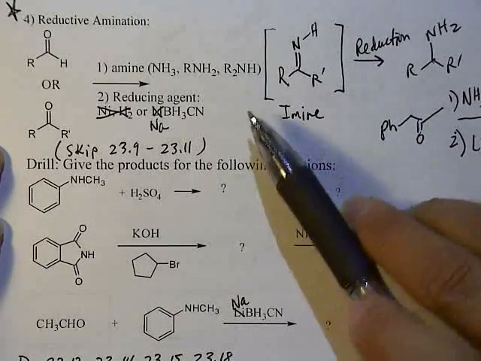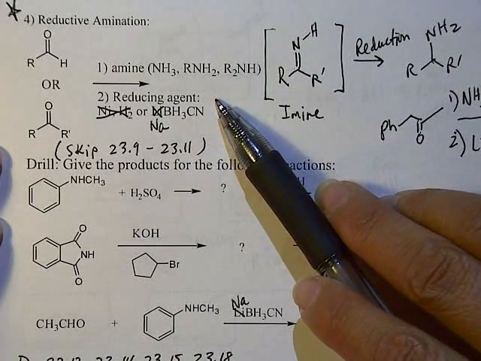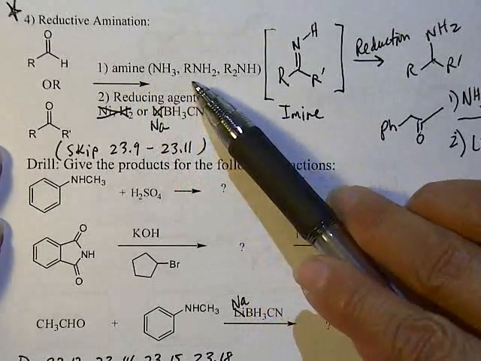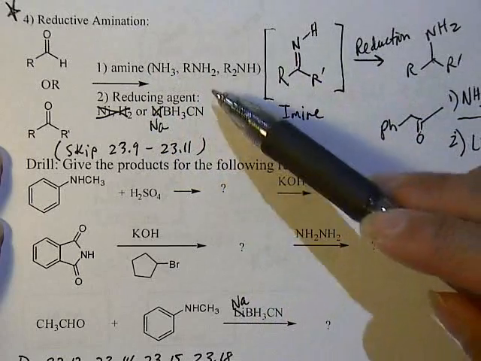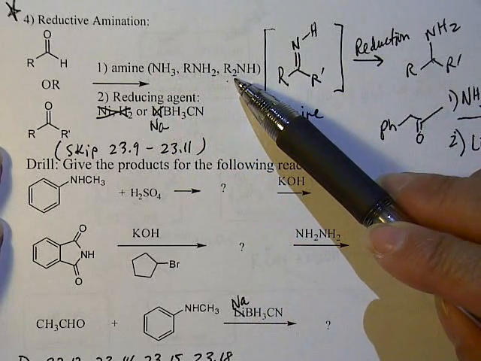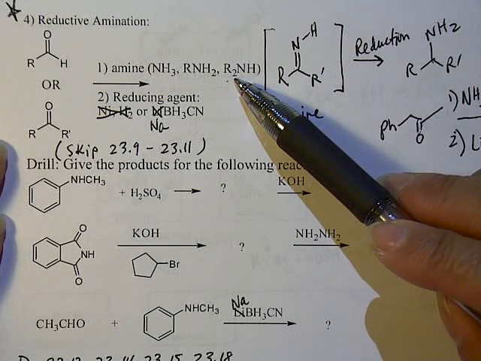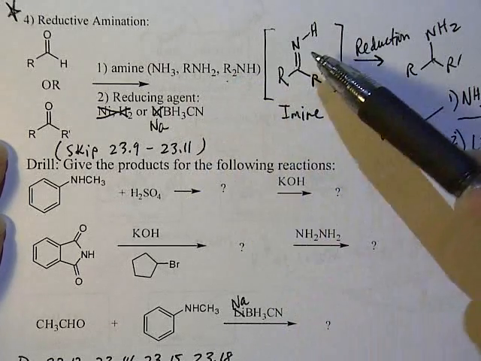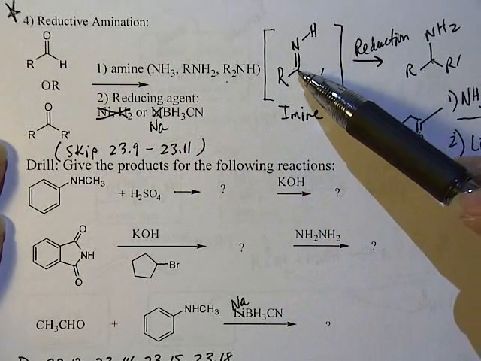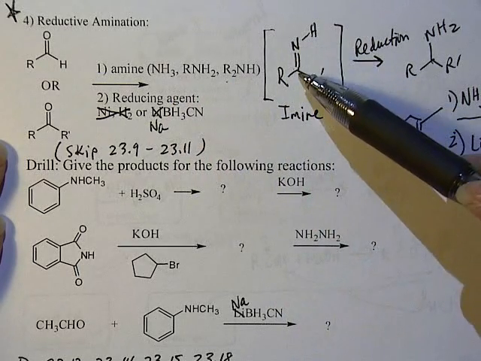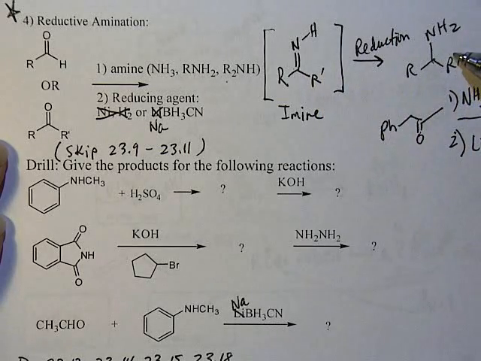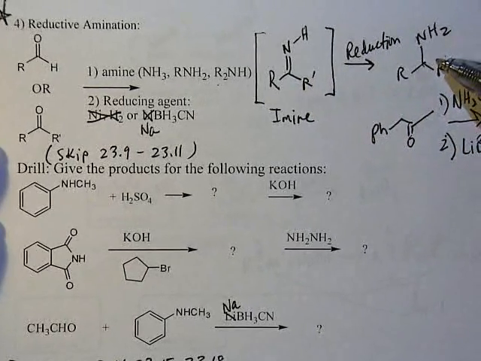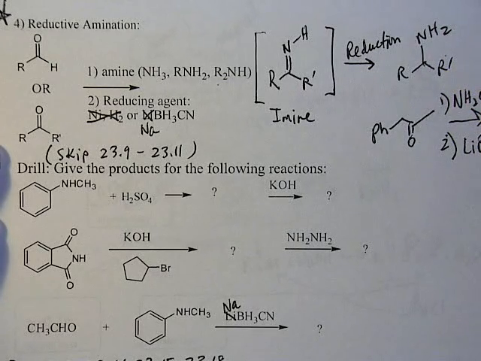All right, so just summarizing the reductive amination, obviously with ammonia and a primary amine, you're going to get the imine. But if you have a secondary amine, you're going to get an enamine, as you should remember. And in either case, the reducing agent will add the two hydrogens either across the C=N double bond, or the C=C double bond in the enamine case, to give the amine.